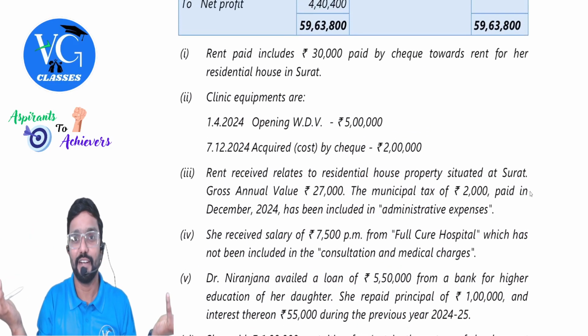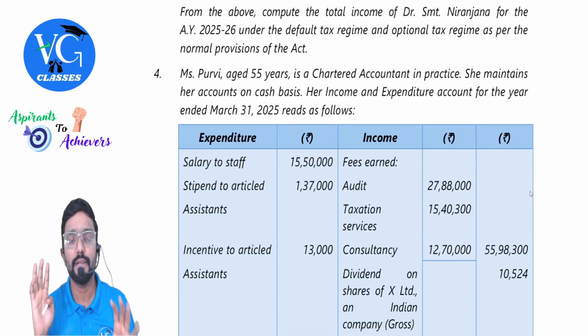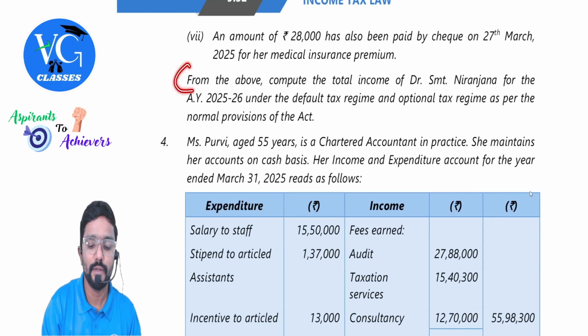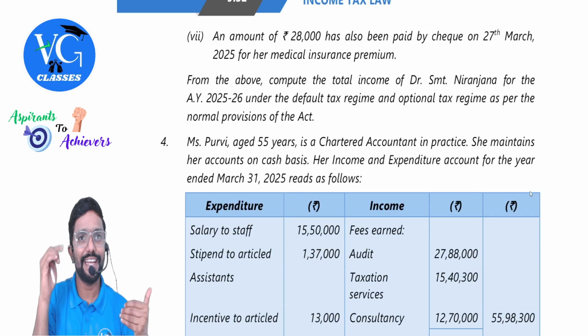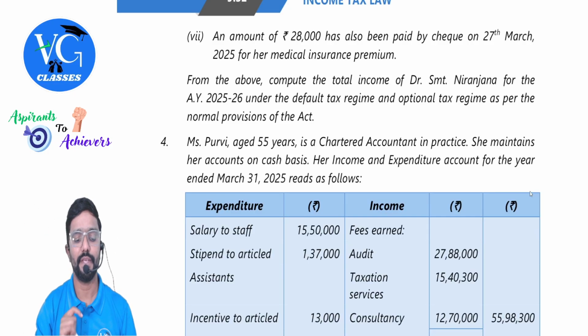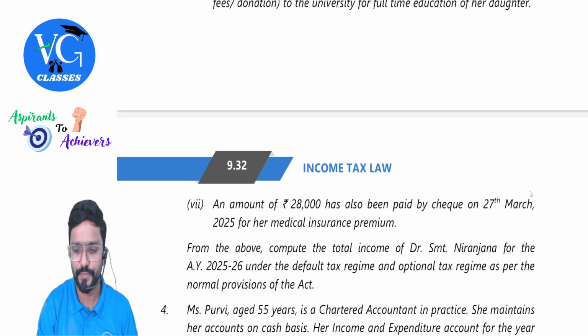But here you have to do both optional as well as default. So go read this first, then read the data, because you already know what you are supposed to do for each item under the respective schemes. Only when the question is lengthy, you can do that, like total income questions.